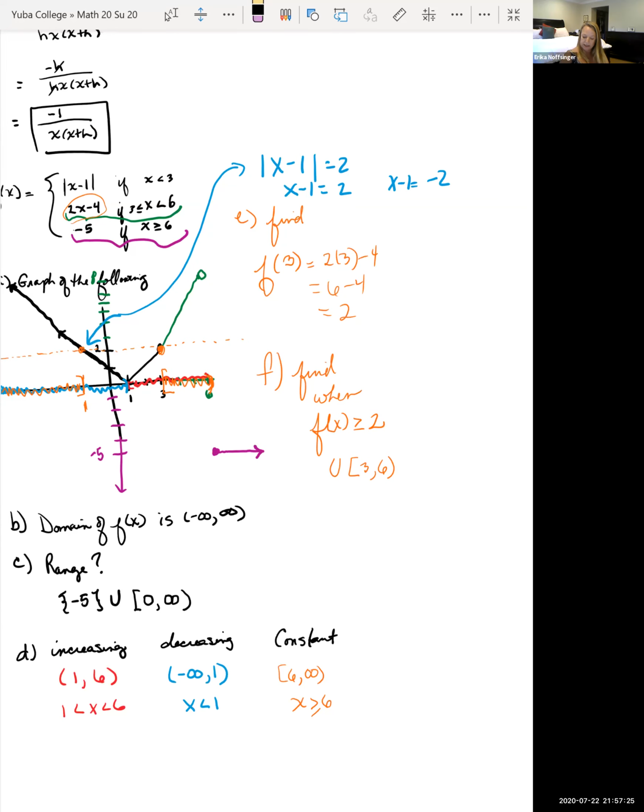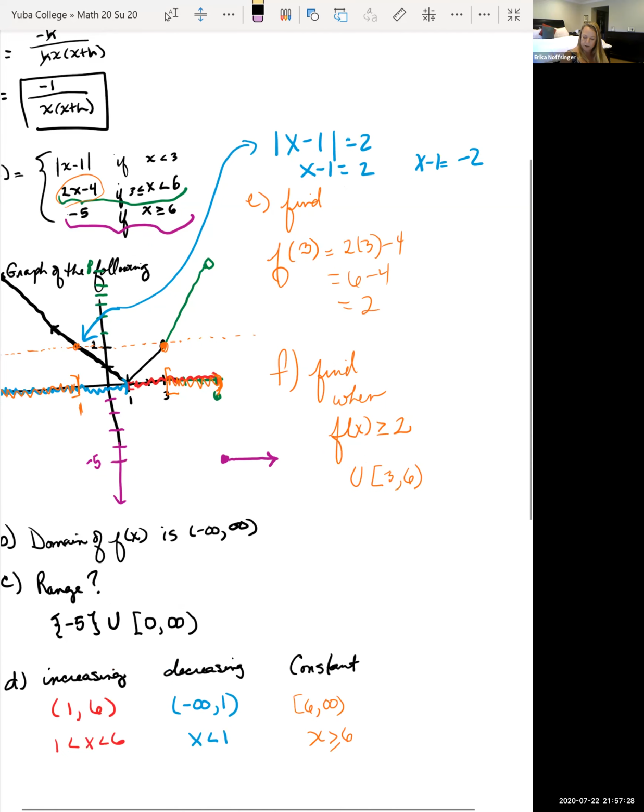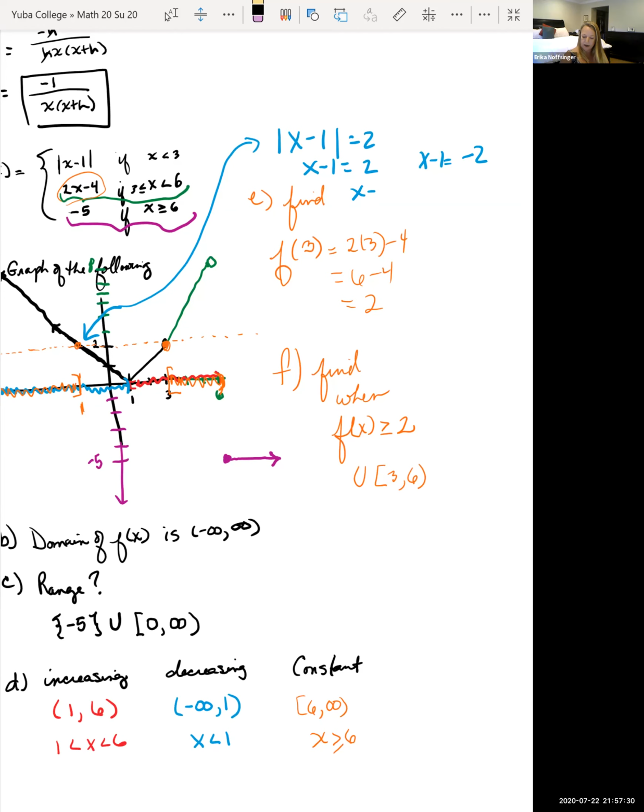So if we look at this, this is x equals 3. And if we look at here, x minus 1 equals -2, adding 1, we get x equals -1. So this value here is when x is -1. So anything smaller than or equal to -1 would give us a y value bigger than or equal to 2. Here it says x equals 3. Well, this was actually part of it.